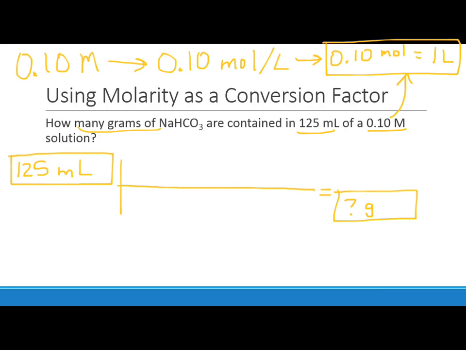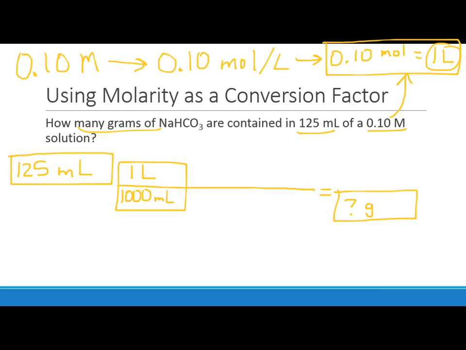So I'm going to go ahead and set up this domino here. And actually I'm going to erase that because I'm going to need a couple of dominoes. The first one is, notice that here this is in liters, right? So I need to convert this to liters. So 1,000 milliliters is equal to 1 liter.